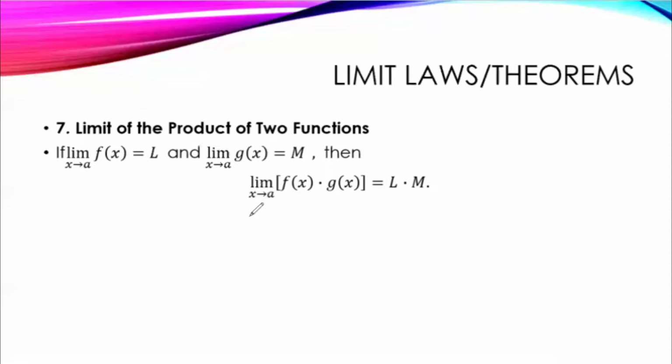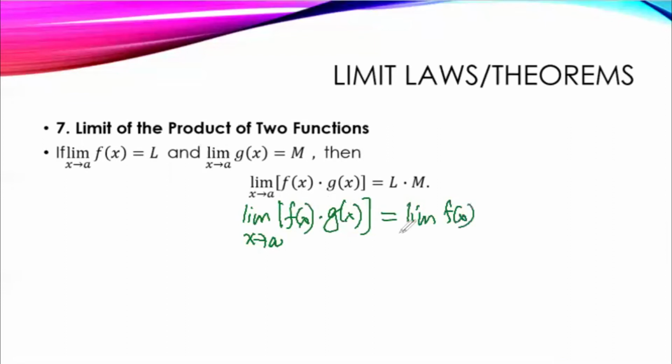Take note, by the assumption, the limit of f of x times g of x as x approaches a, we just simply distribute the limit: the limit of f of x as x approaches a times the limit of g of x as x approaches a.